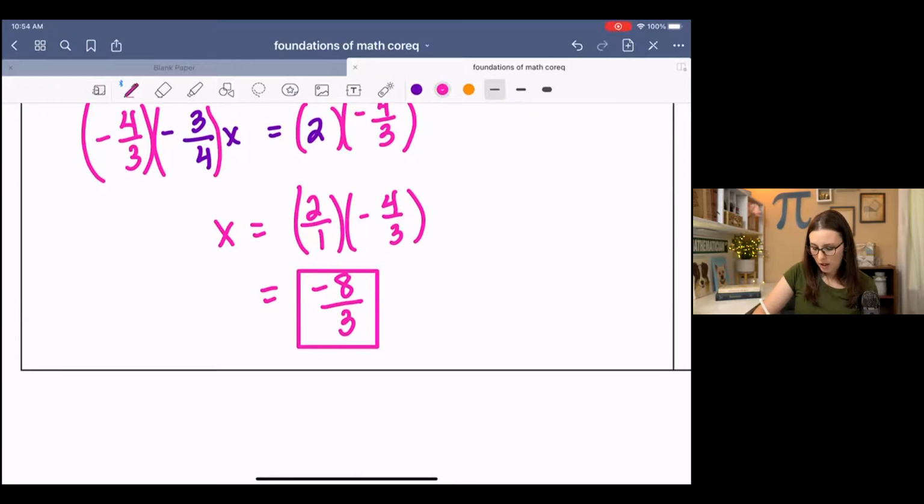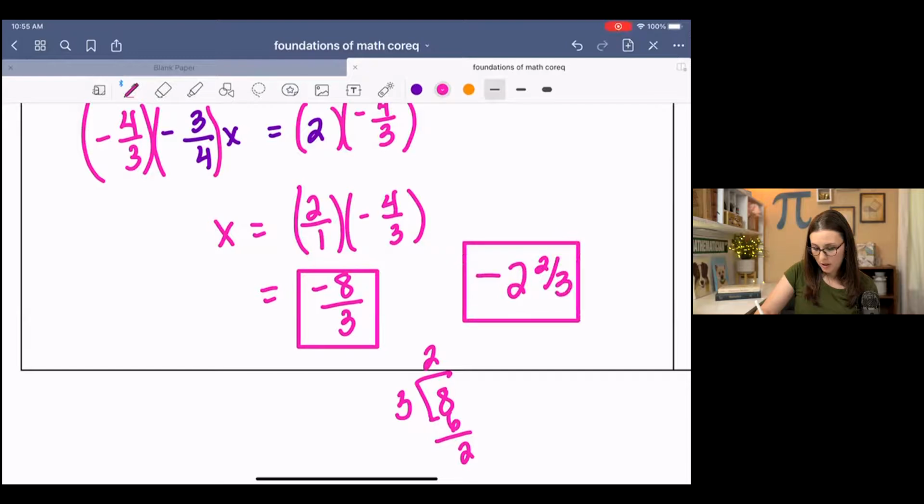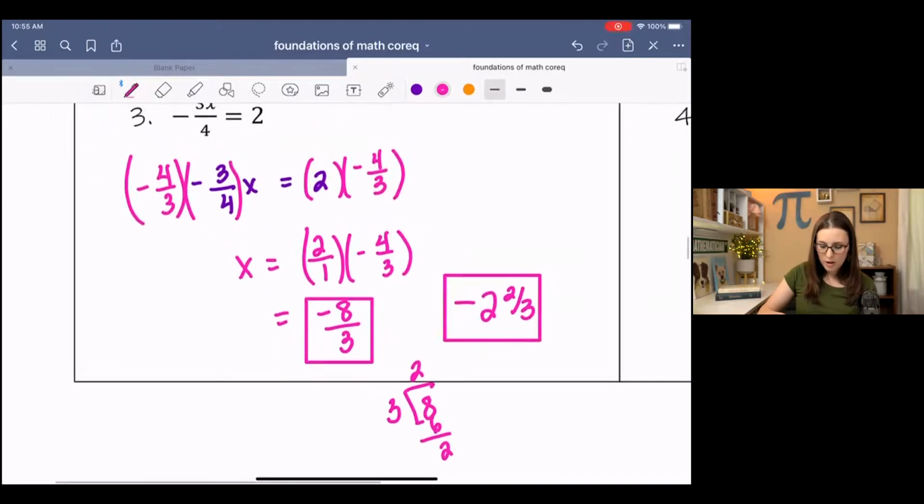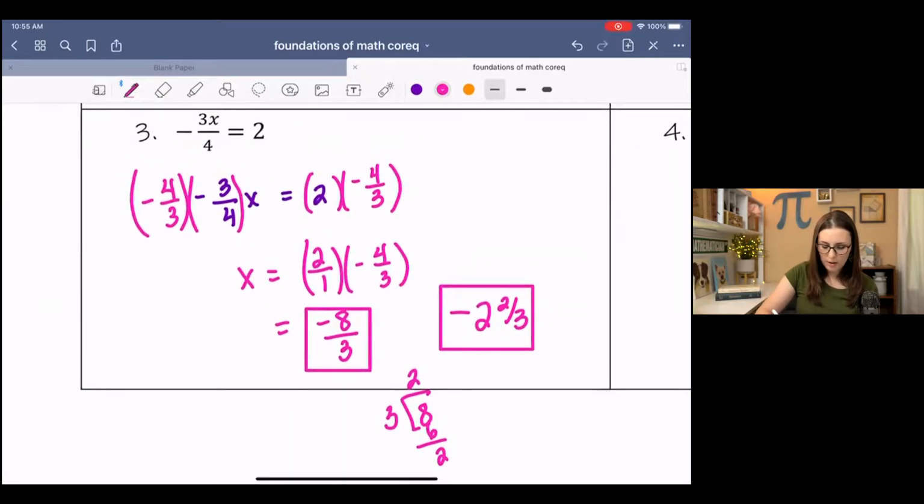That would be, let's see, it goes 2 times with 2 left over. And that's it. The other way that you can do this, I do want to show you both ways, is you can go a step at a time. You can multiply by -4 and then divide by 3, and you get that -8/3. So there's 2 ways to do that. I like the reciprocal. It's nice and clean. One step.